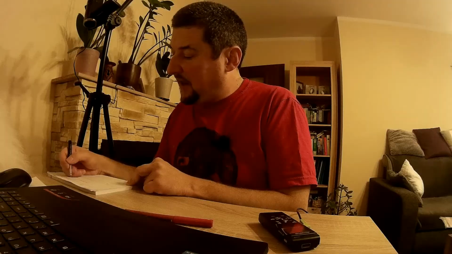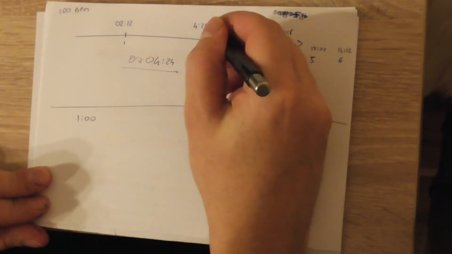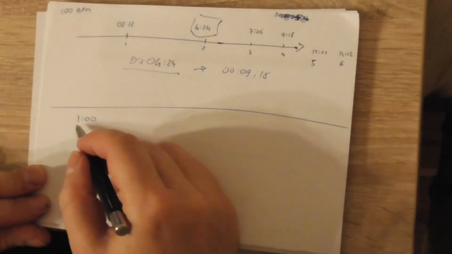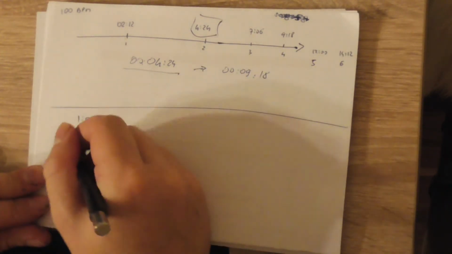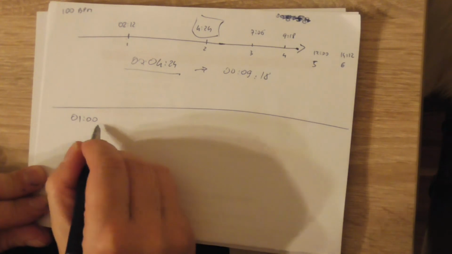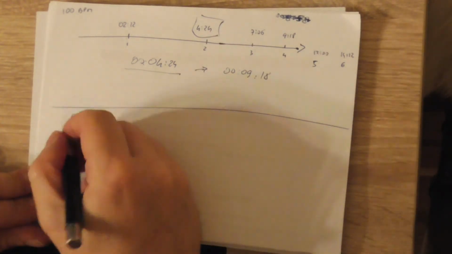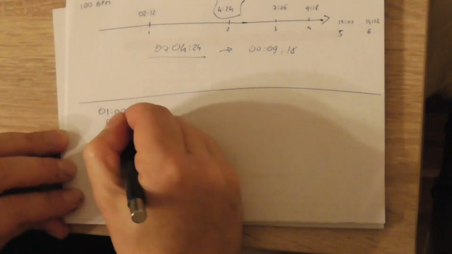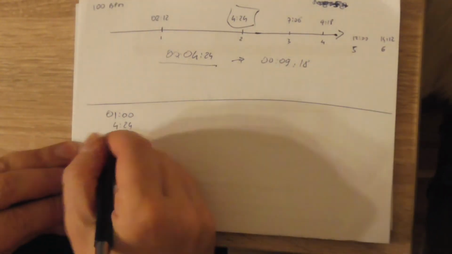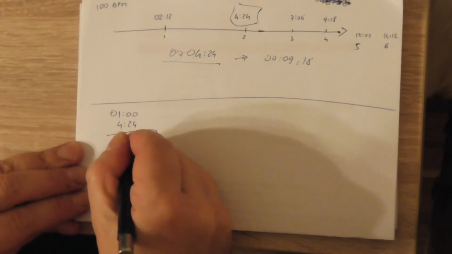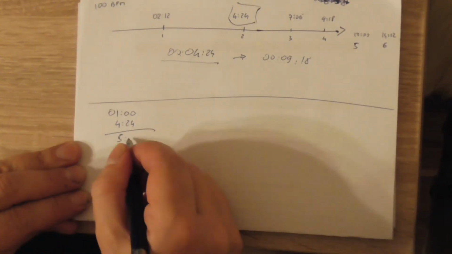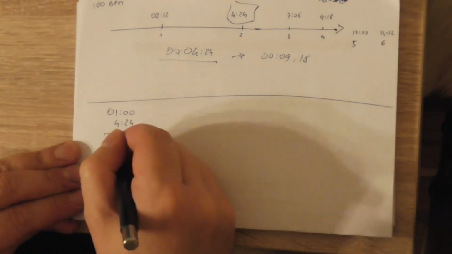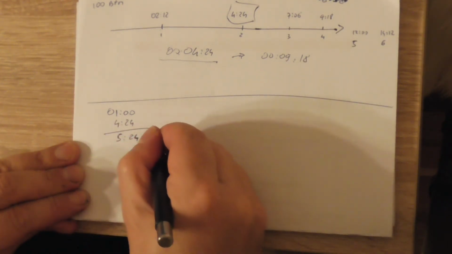If our loop is 4 seconds 24 frames, then to 1 second 00 frames I need to add 4 seconds and 24 frames. So my loop will end at 5 seconds and 24 frames. That will be the first time.